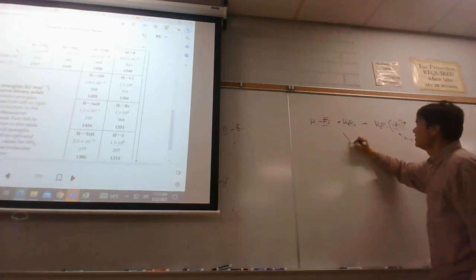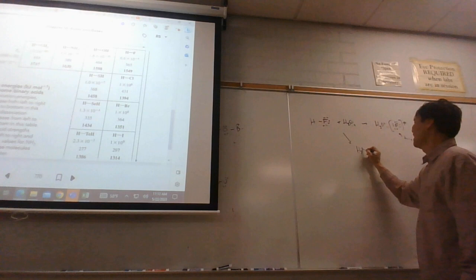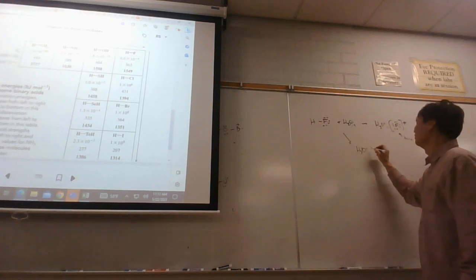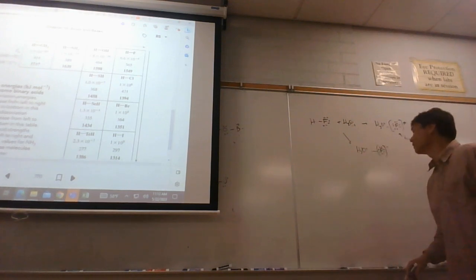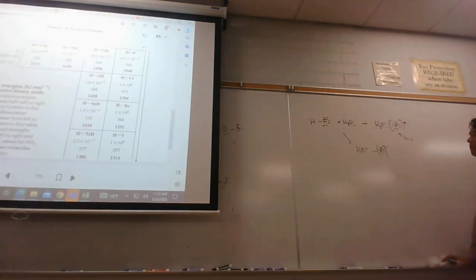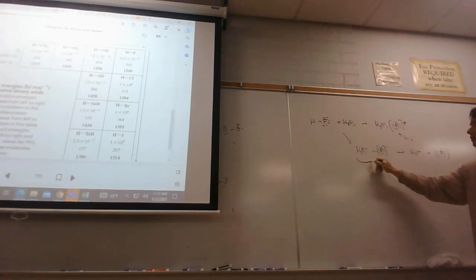You can make the hydronium, and the fluoride hangs around. And so we partially have broken the bond. And then it requires one more step to free up the fluoride. That is one more collision. This is called an ion pair.